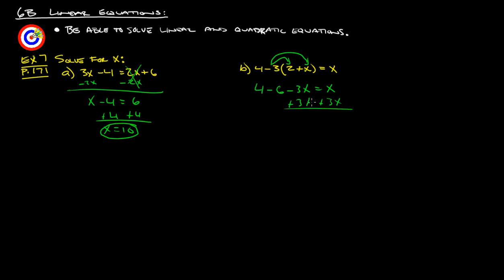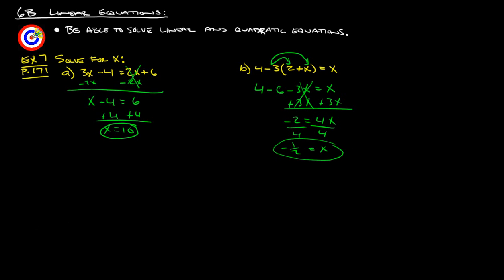So I'm going to add 3x to both sides. And I get 4 minus 6, which is negative 2, equals 4x, right? And my last step is going to be to divide by 4, and I get that x equals negative a half. Okay?